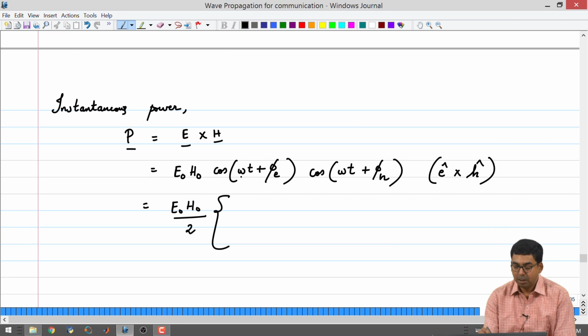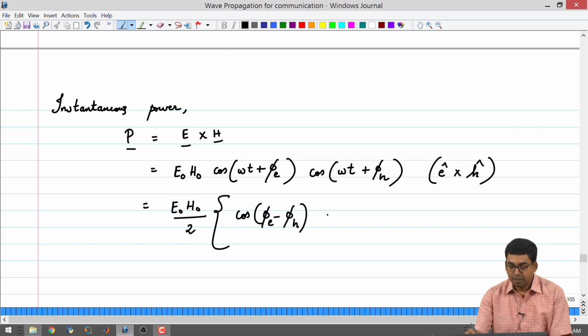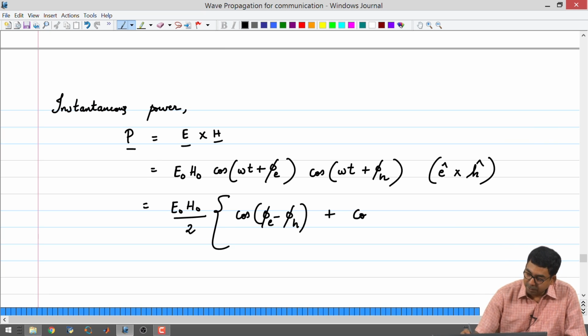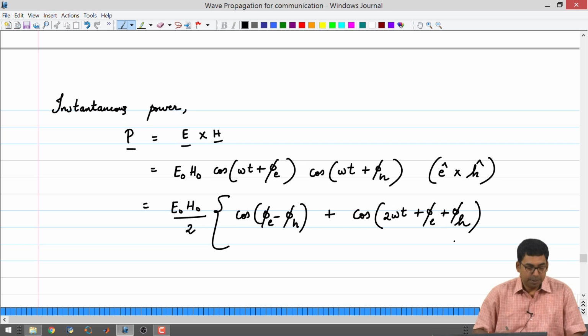So, you will have omega t plus phi E minus omega t plus phi h. So, you will be having the first term to look like cos of phi E minus phi h, plus, you can take the sum of the two arguments of the cosine. So, you will be having cos of 2 omega t plus phi E plus phi h.